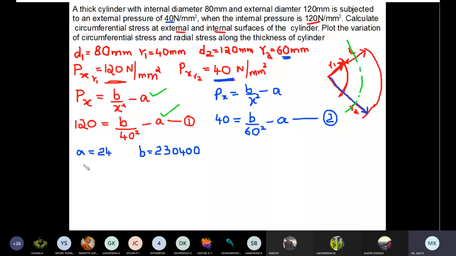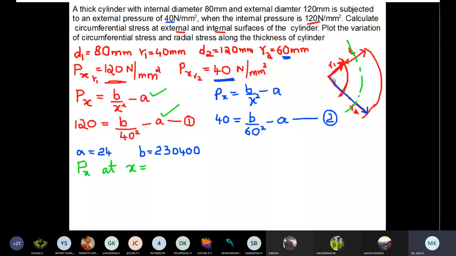So next, take down px. Mid surface means x is equal to r1 plus r2 divided by 2. Mean radius will be r1 plus r2 divided by 2.